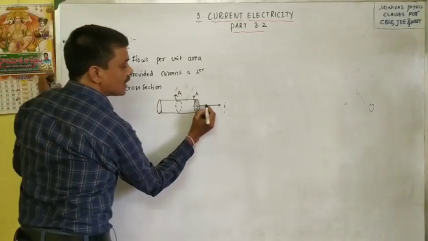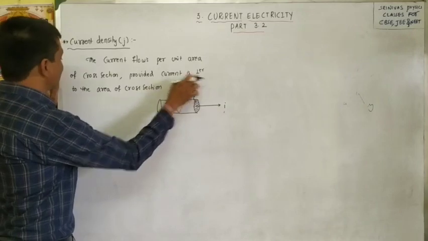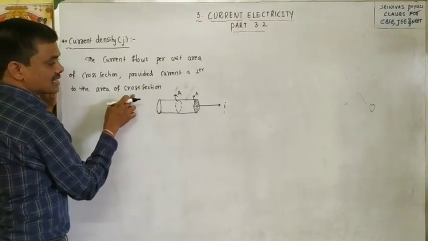That means the surface area is perpendicular to the current, provided the current is perpendicular to the area of cross section.